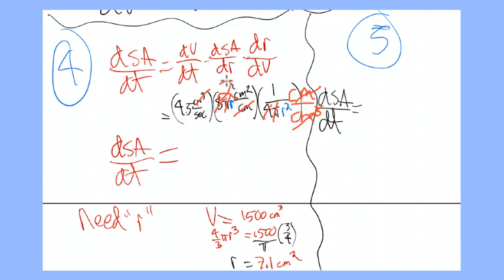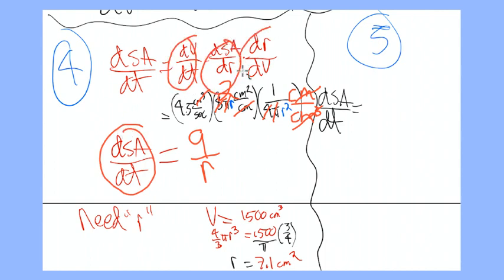So 4.5 times 2 is 9. And then I've got r times 1 divided by r squared, so that's going to be over r. That's the rate of change we want, reduced. So if you multiply those three rates, you'll just get 9 divided by r.